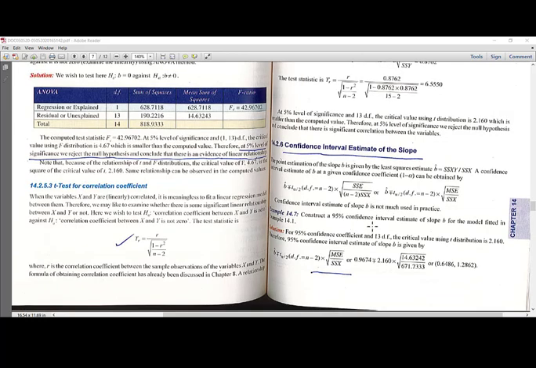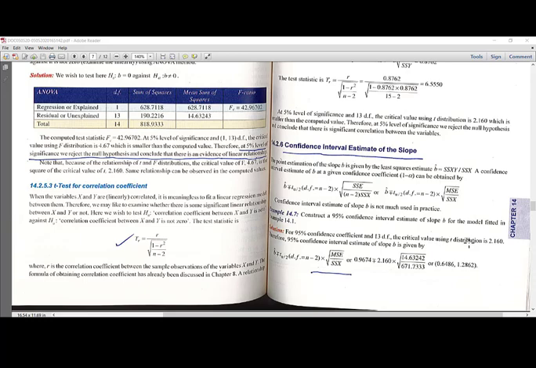If we calculate this confidence interval estimate of the slope for this example, construct a 95% confidence interval estimate of slope b for the model fitted in example 14.1. For 95% confidence, alpha is 5%, so 1 minus alpha is 95%, and degrees of freedom is 13, because the number of observations is 15, so n minus 2 is 13.